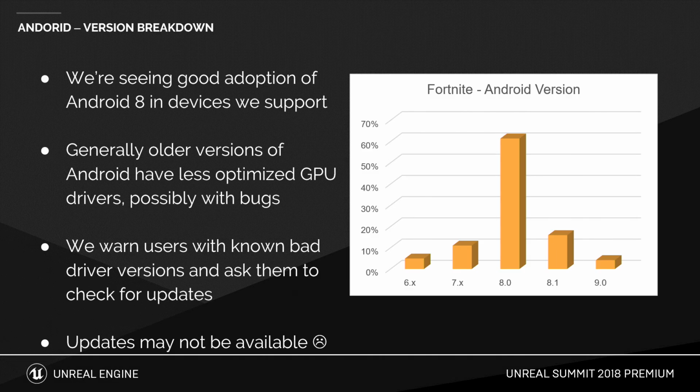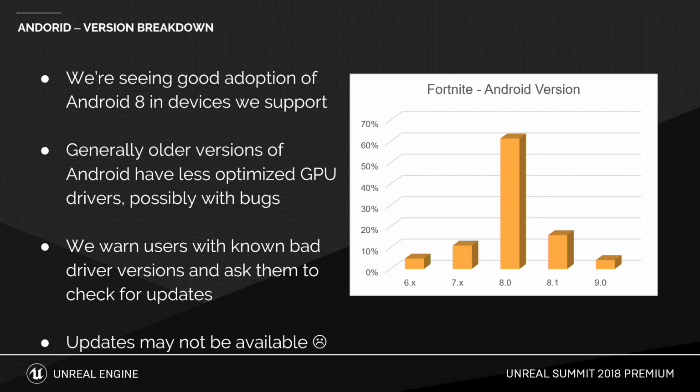Now we're targeting fairly new devices, so we've seen a really good adoption of Android 8 or higher, which is great. It's a lot more stable compared to older versions of Android in terms of the GPU drivers. But when you start up Fortnite, we have a list of drivers that we know have bugs that may cause some performance problems, for example.